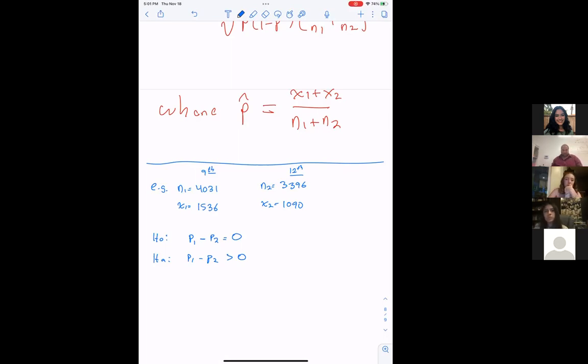Don't you have to find the p-value? Yes, the calculator is where we go in an effort to find the p-value.